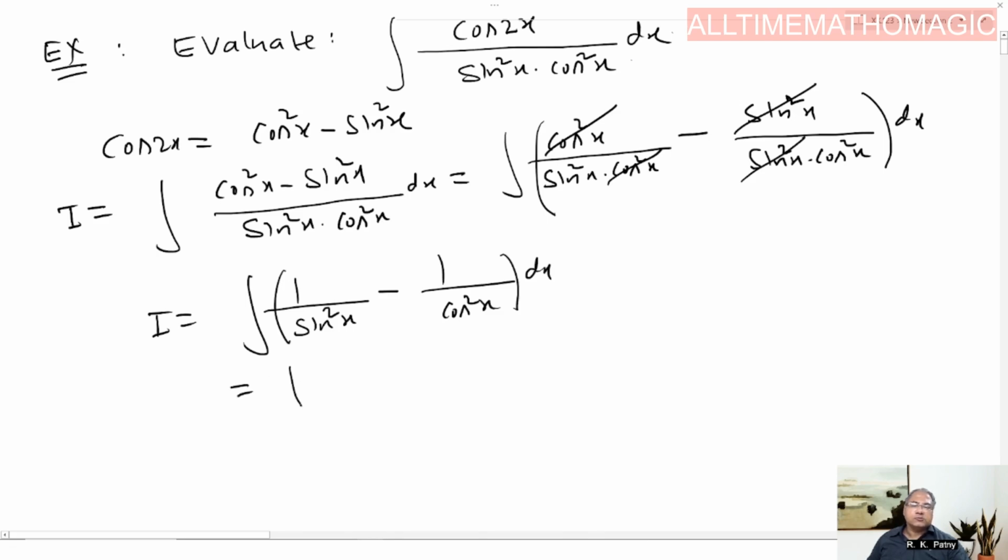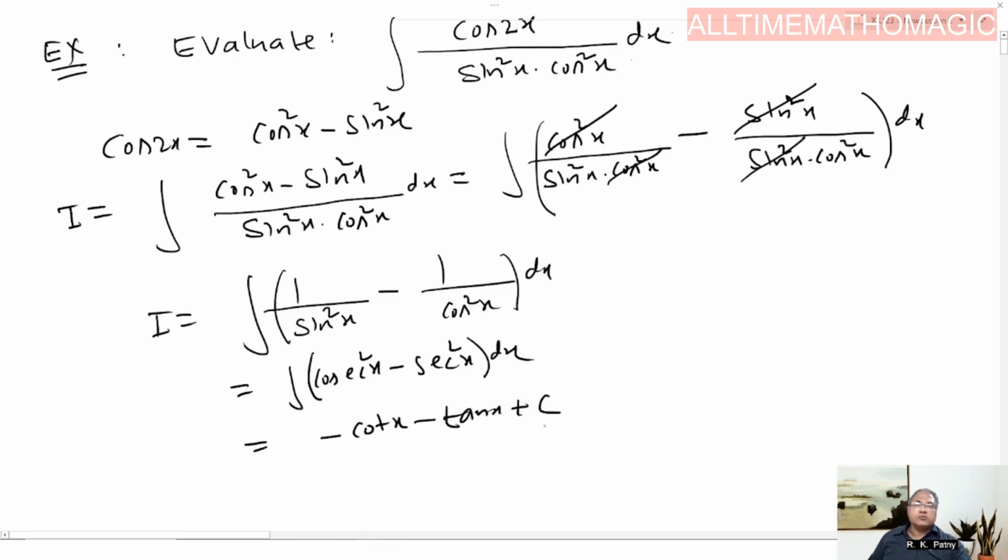This equals the integration of cosec square x minus sec square x with respect to x. Here the integration of cosec square x is nothing but minus cot x, and the integration of sec square x is nothing but tan x, plus c. Therefore, minus cot x minus tan x plus c is the final required solution of the given question.